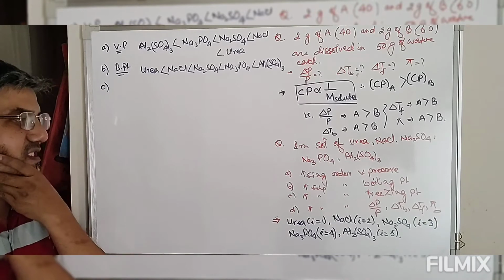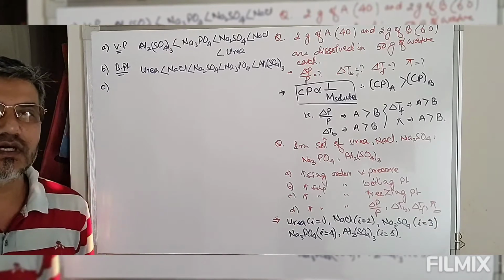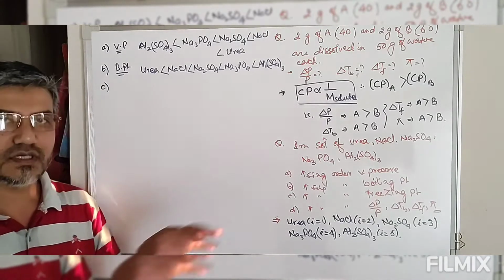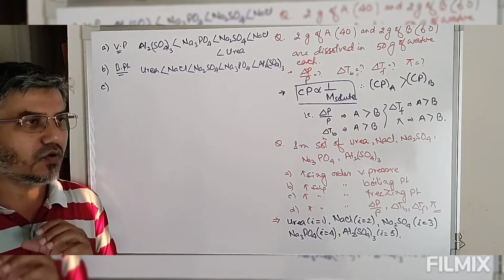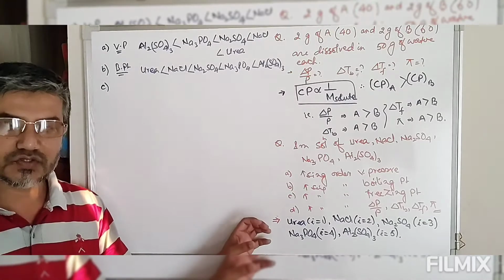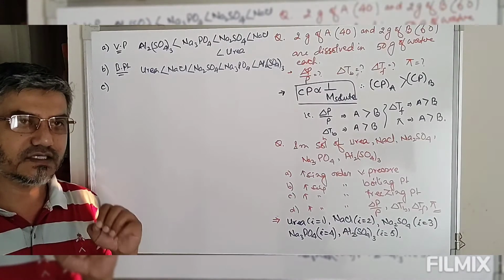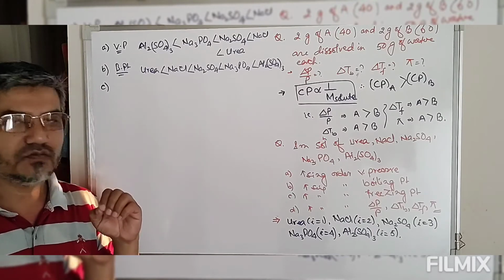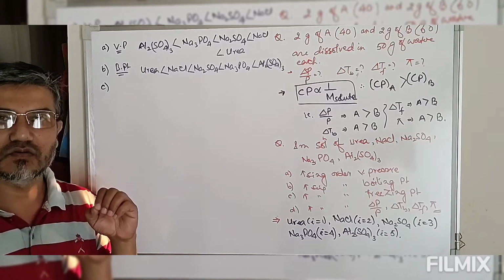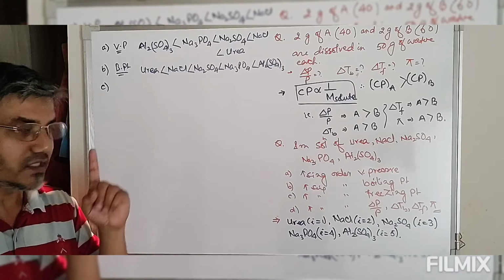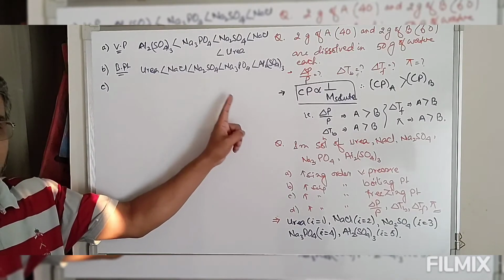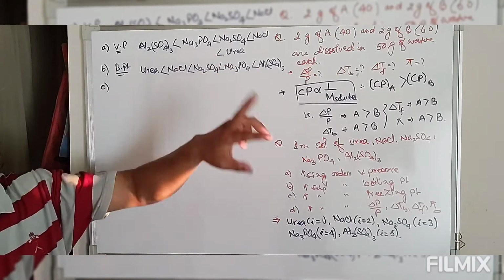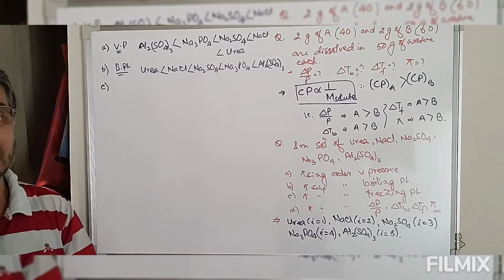As we have discussed, at the freezing point the vapor pressure of the liquid and solid will have the same value. Now due to the presence of this solute, vapor pressure is decreased. At this freezing point, the solid and the liquid form will coexist.